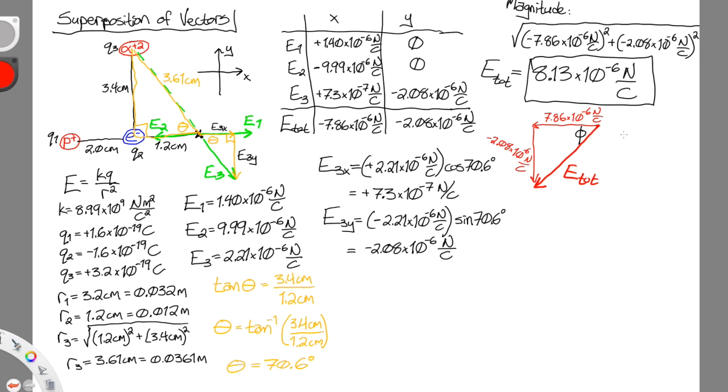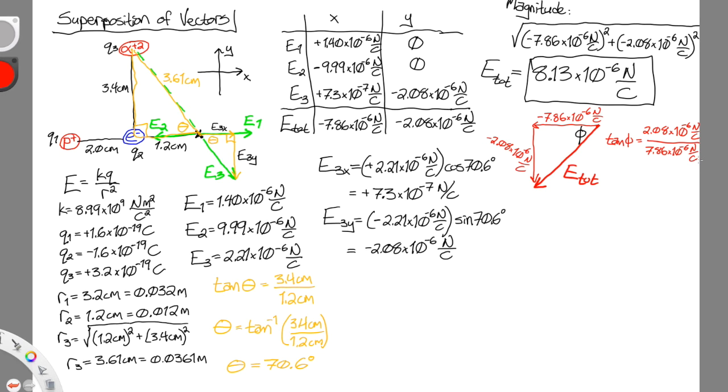So tangent of that angle phi is going to be opposite, so 2.08 times 10 to the negative 6th newtons per coulomb divided by the adjacent, oops, that should be negative up there, 7.86 times 10 to the negative 6th newtons per coulomb.